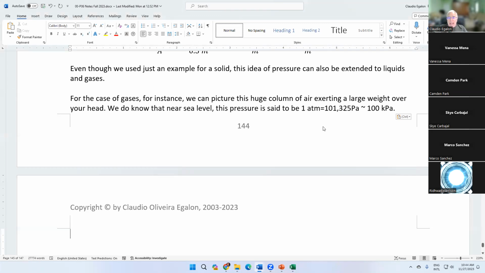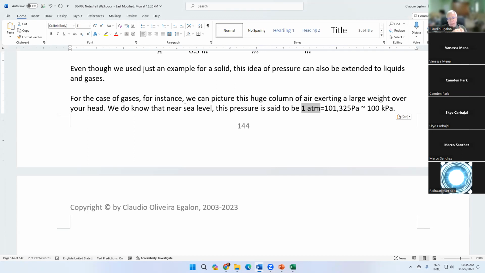If you do the mass, it's possible to come up with a pressure, and it's a good idea that you memorize it. It's a very easy number to memorize. We do know that near sea level, the pressure due to this sea of gases is said to be 1 atmosphere. Remember that? 1 atmosphere is a very convenient way of remembering the pressure of the gases nearby the sea level.